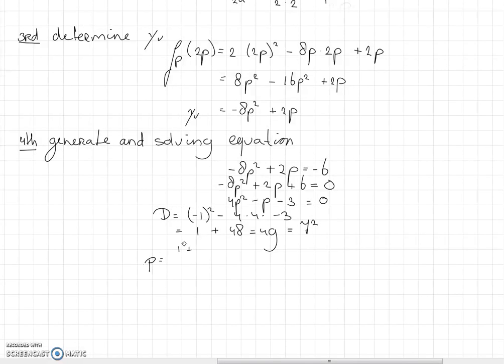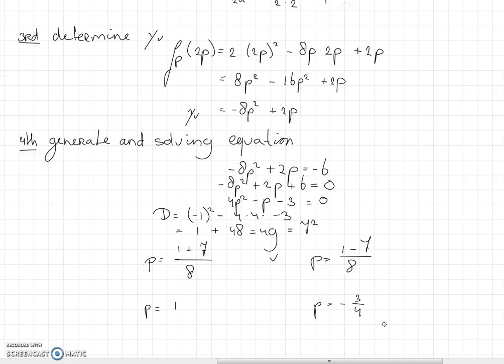Since D is 7², the square root of D is 7, so p is (1 ± 7) divided by 8. So 8 divided by 8 is 1, and negative 6 divided by 8 is negative 3/4.